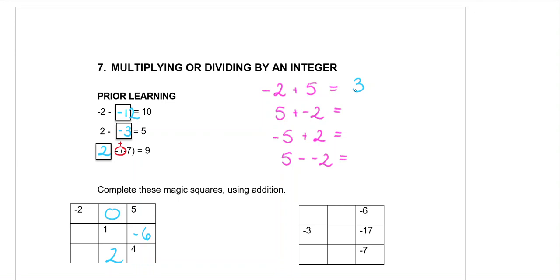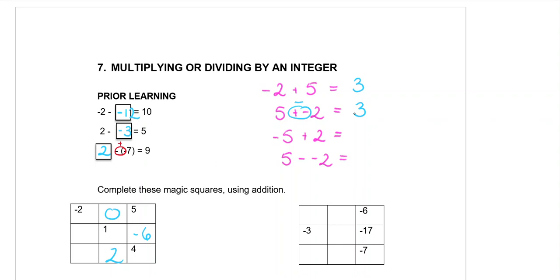A positive 3, because I start at -2 and I jump 5 places. You can have your number line next to you. You've got plenty of them in your booklets. In the second one, the plus minus sign, we learned about that a couple of lessons ago. When they are next to each other, the plus minus sign makes a minus. So it's 5 take away 2, and the answer is 3, coincidentally. Look at the next one, -5 plus 2.